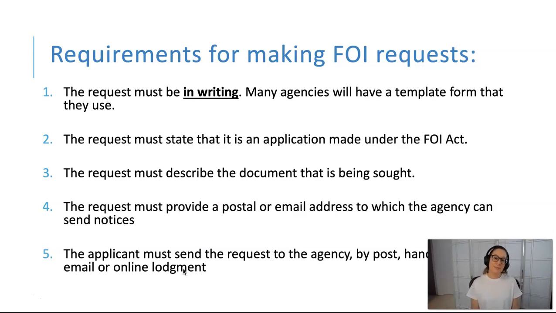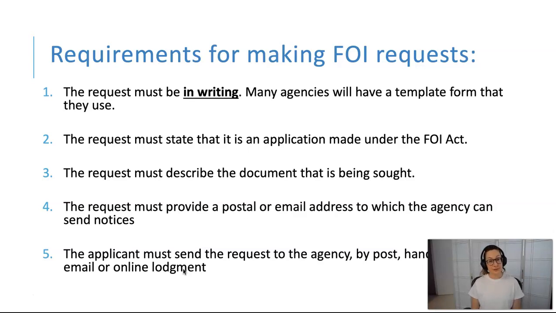The request must state that it is an application made under the Freedom of Information Act, and it must describe the document that is being sought. Now, the document does not have to be described precisely, but the request must provide enough information to allow a person to reasonably identify the document that the applicant is seeking.